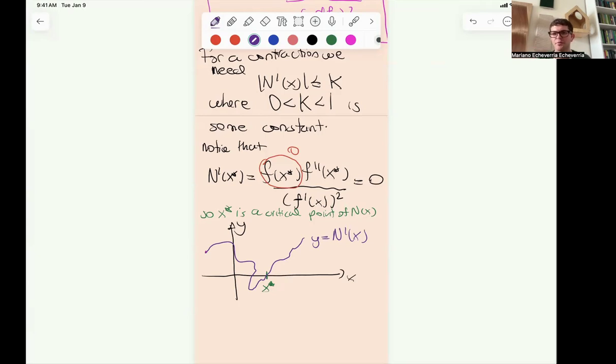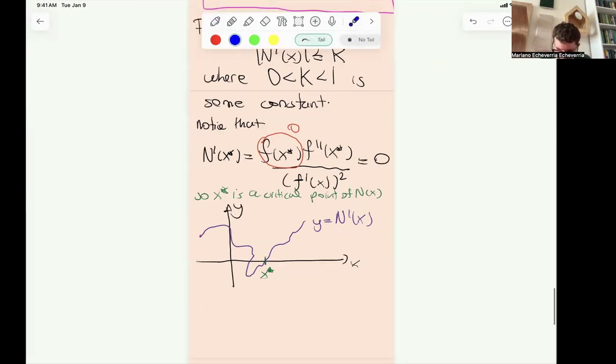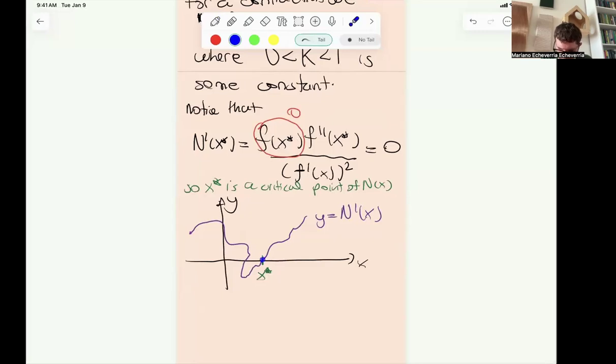That's for sure. The only thing we do know is that at x star, the function n prime is zero. So at least this part is accurate, because at x star the first derivative is zero. Again, this is a graph of the first derivative, not of the function.